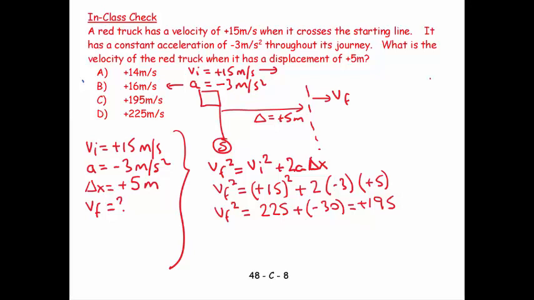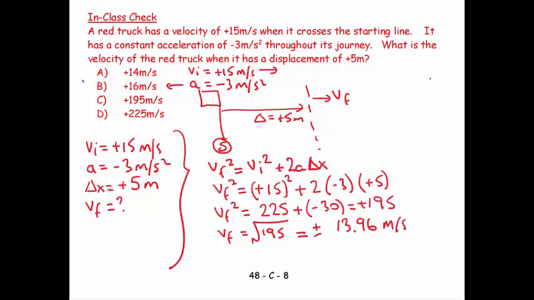That's a positive. So VF is equal to the square root of 195. And that equals, I get my calculator, and I go second square root 195, enter, and I get plus or minus 13.96 meters per second.